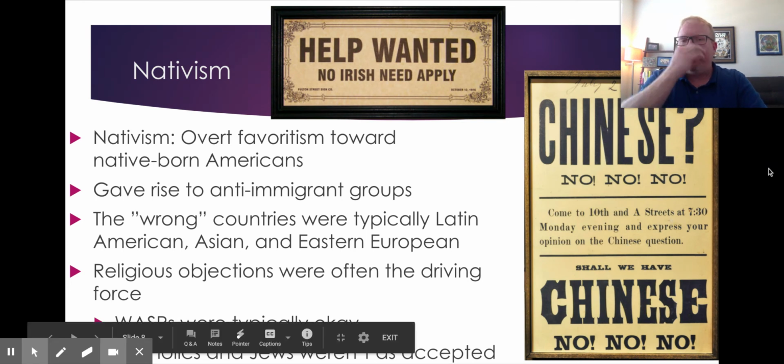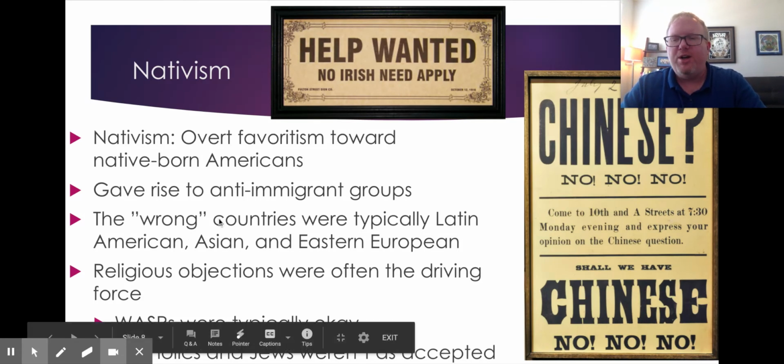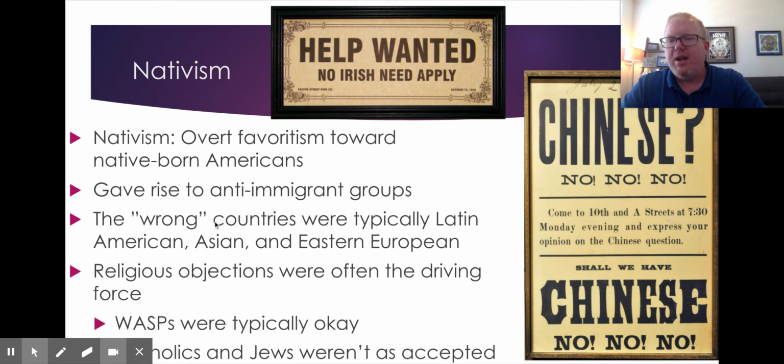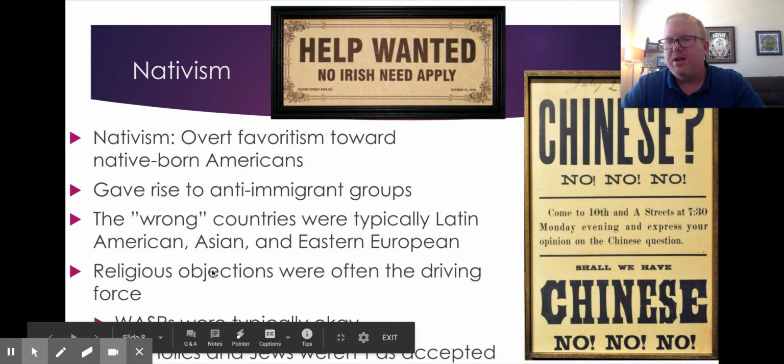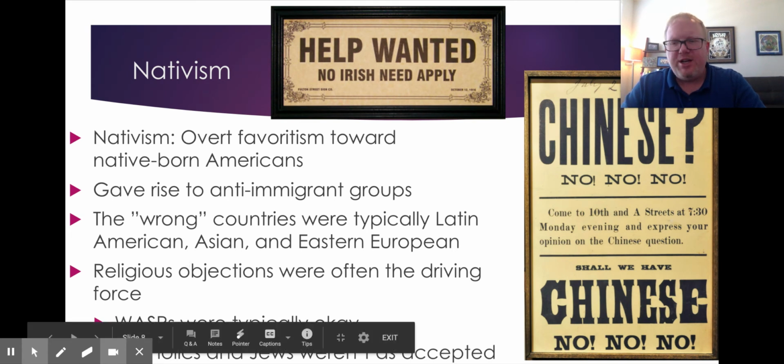So this is the kind of thing that resulted from nativism, was a lot of discriminatory practices towards different ethnic groups or different immigrant groups from different countries of origin. Now, if you were from the right country for different things, you were the ones they wanted to apply for the job. But typically what they would call the wrong countries were the newest immigrants. So we're not talking about the Northern European immigrants or the Western European immigrants. Like, we're not talking about German, English, French, Spanish, Norwegian, Swedish, those groups.